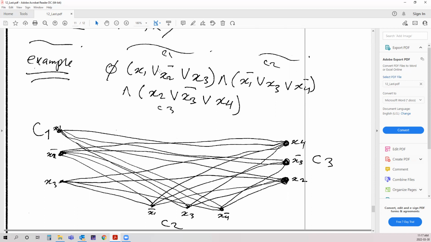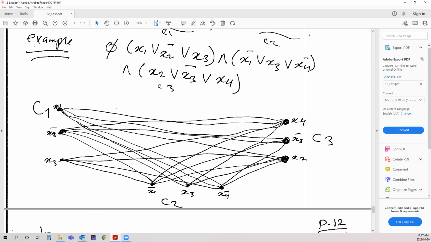These are the literals x1, x2, x3, and their complements. Clause 1 has x1, x2 prime, and x3. Clause 2 has x1 prime, x3, and x4 prime. Clause 3 has x2, x3 prime, and x4.